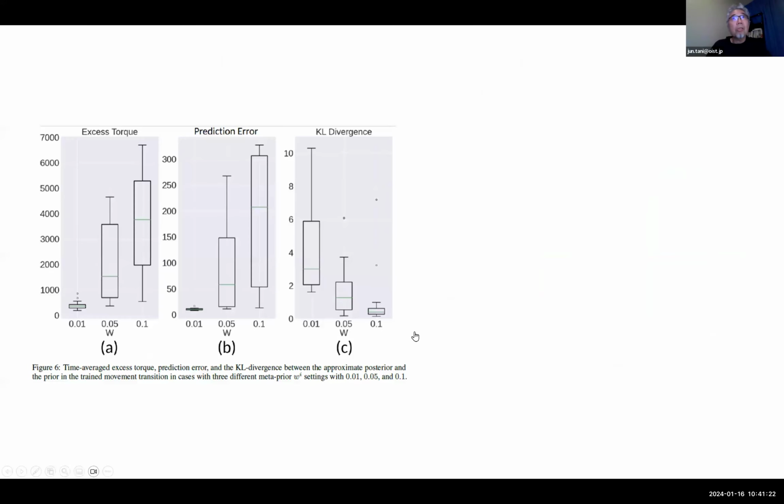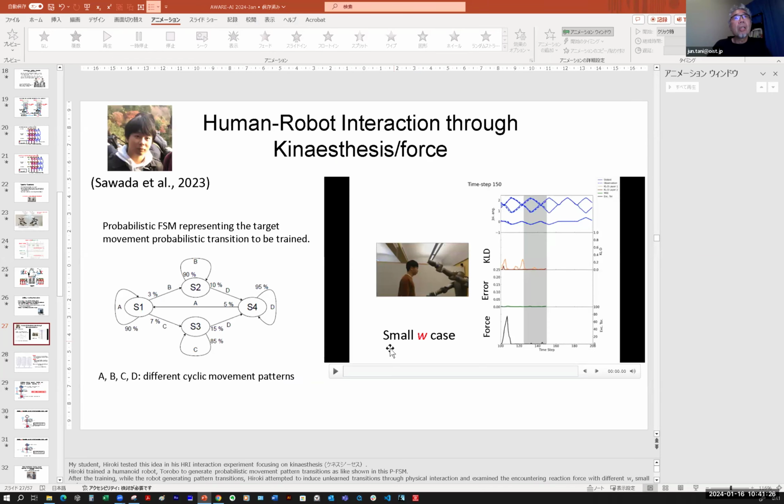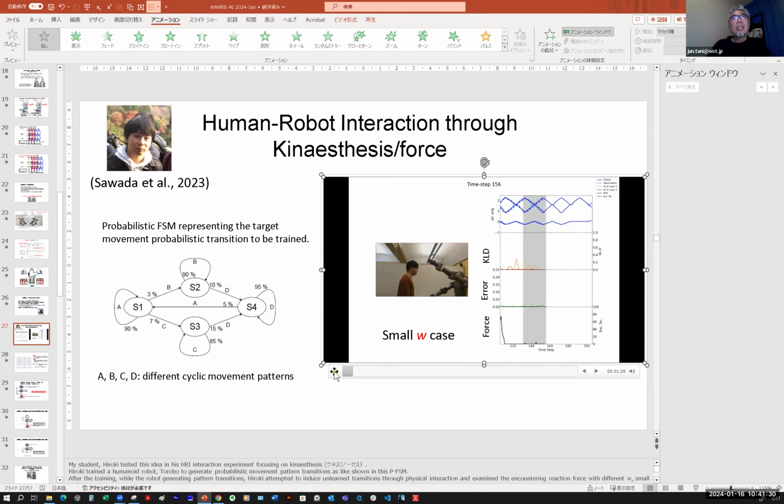Now the robot is generating a pattern, and he forced it into a new pattern, and the error generates force.